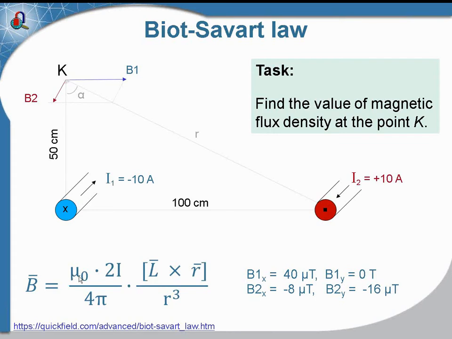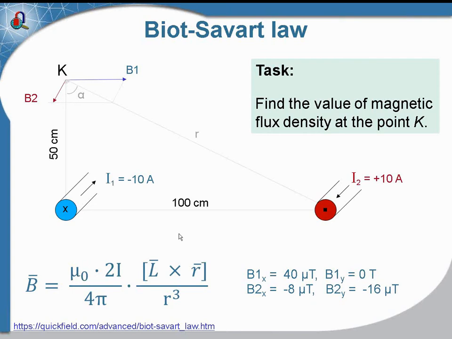And mu 0 is the magnetic constant. Now, next, the magnetic field superposition principle states that we can compute flux density vector components independently from different sources and then add them to find the total value of the flux density.